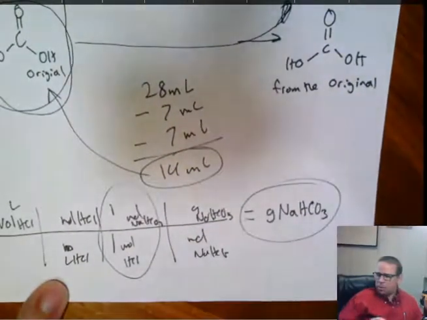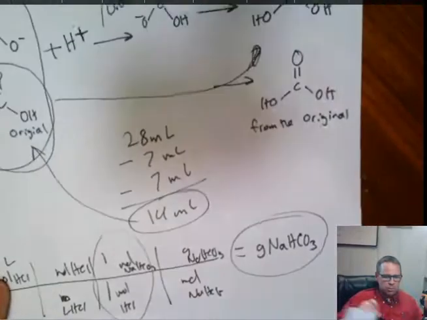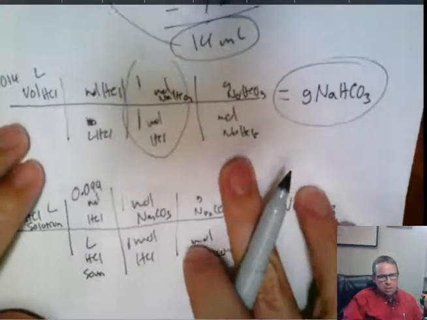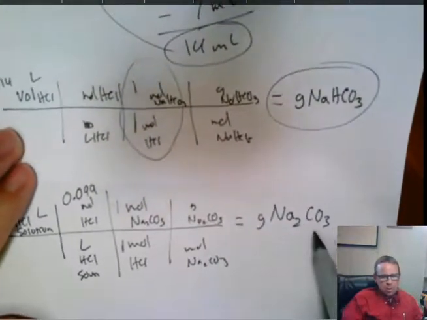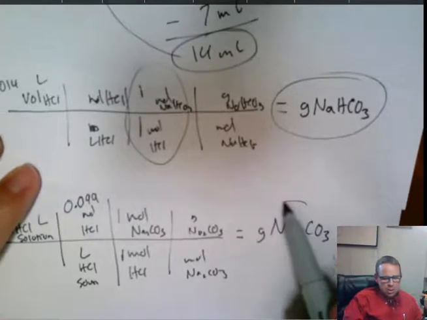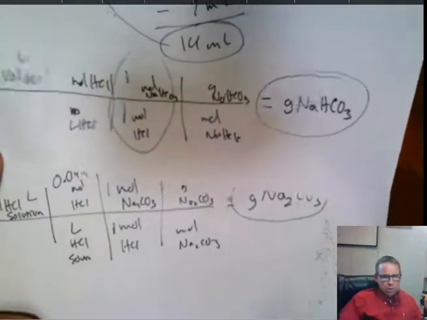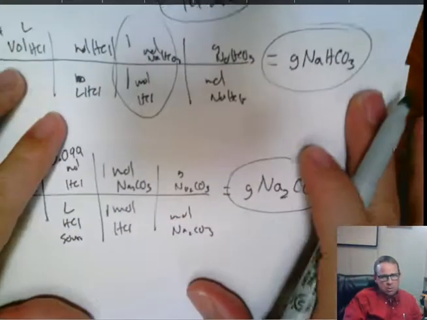Getting the grams of the bicarbonate and the grams of the carbonate, right? Grams of the sodium bicarbonate and grams of the sodium carbonate. Subtracting those two from grams of sample, right?